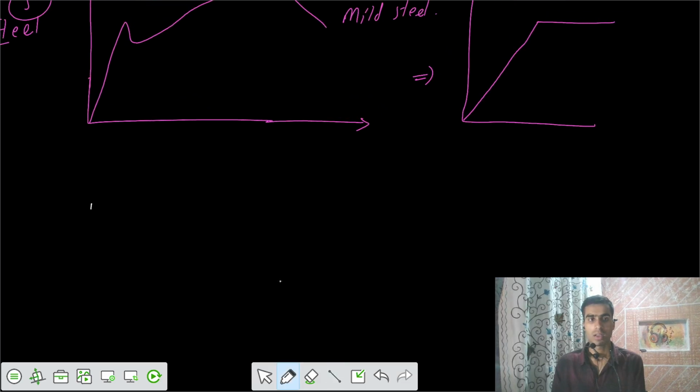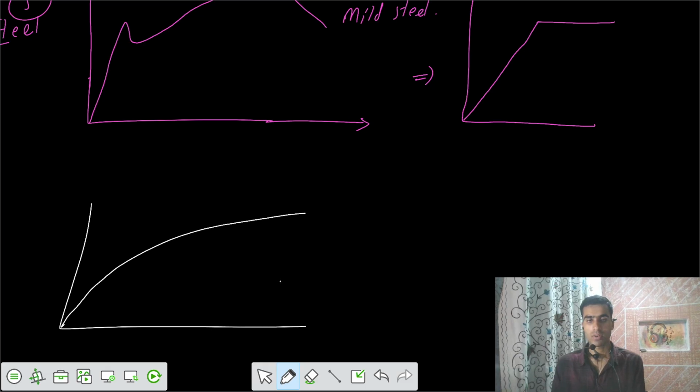For the high yield strength bars, the HYSD bars, we know they don't have a definite yield point, so the stress strain curve for them is in this fashion. That's for both FE415 and FE500.